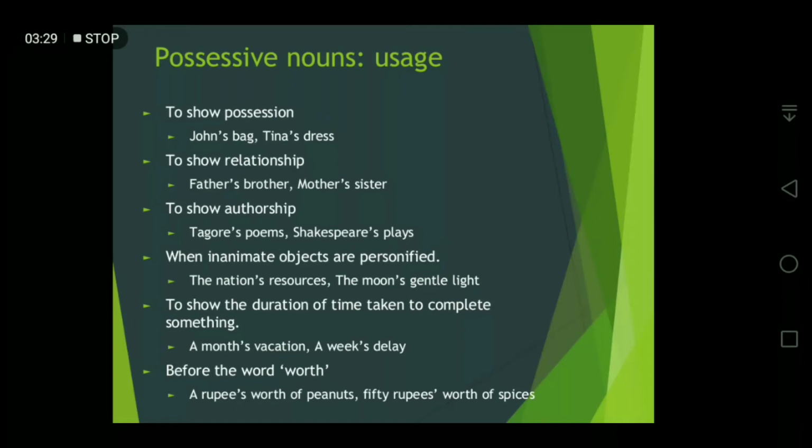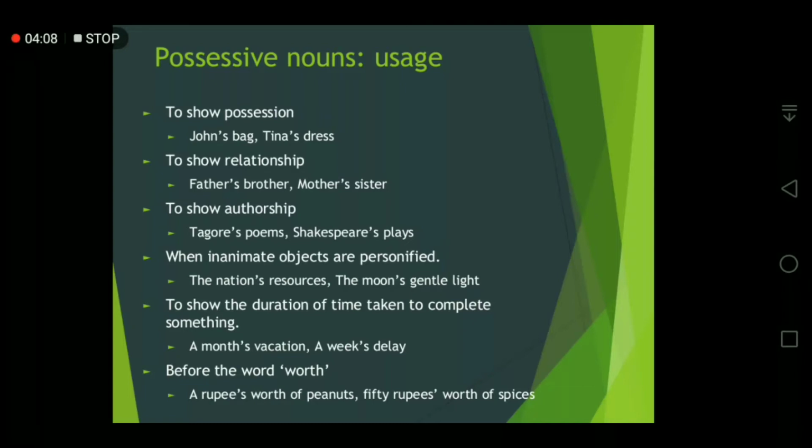Then when inanimate objects are personified. Examples: the nation's resources, the moon's gentle light. Here apostrophe s is given to the moon.